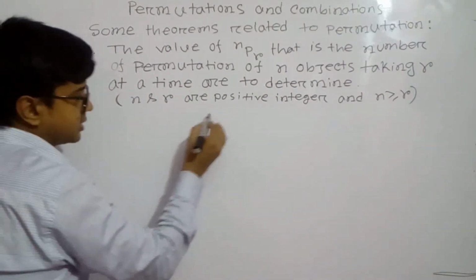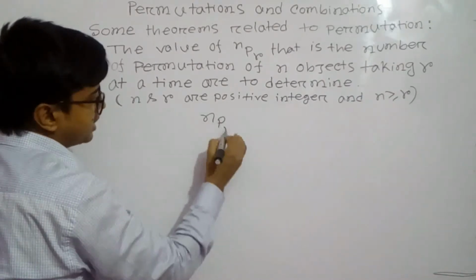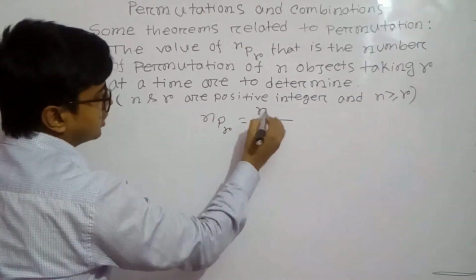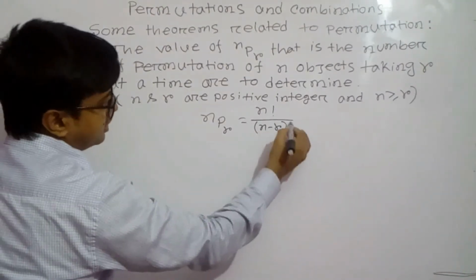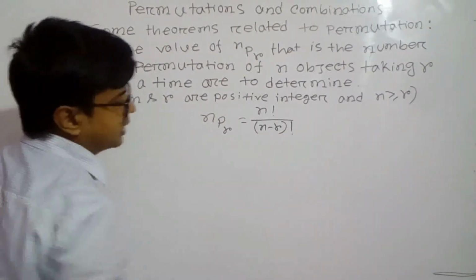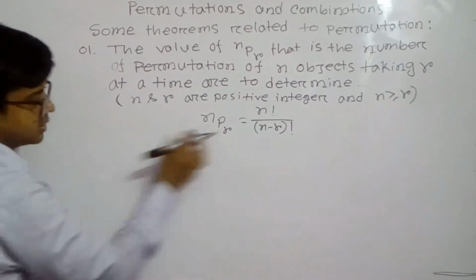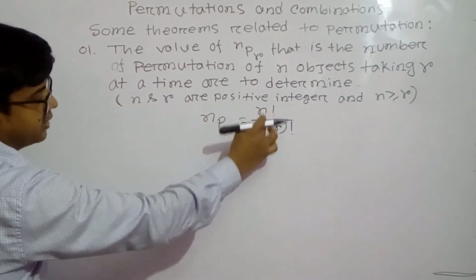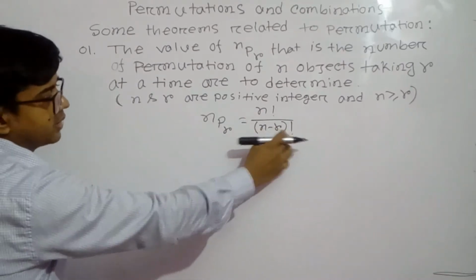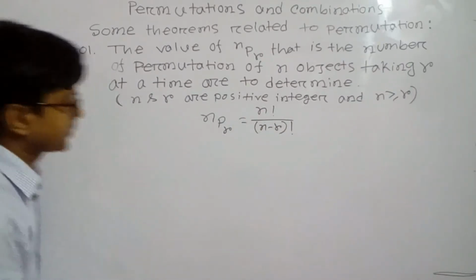So we can write nPr equals factorial n by factorial n minus r. Now prove that nPr equals factorial n by factorial n minus r.